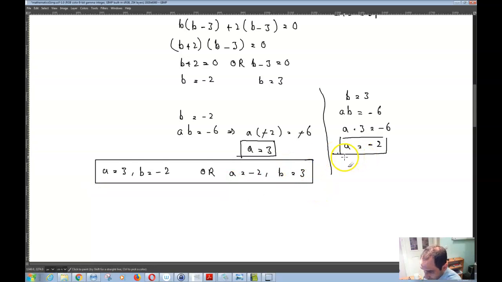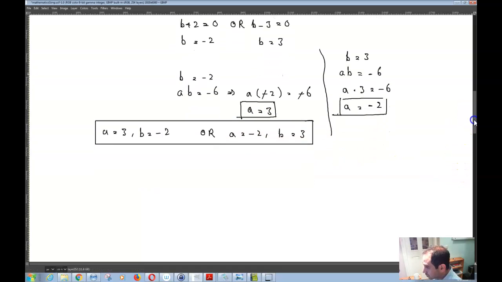Now we know that the x-intercept is positive 3, for example, in this case, and the y-intercept is negative 2.